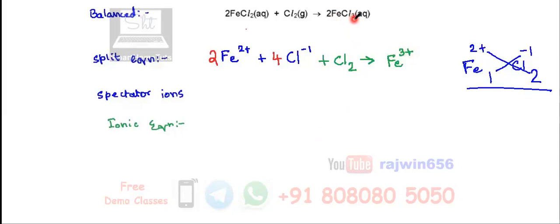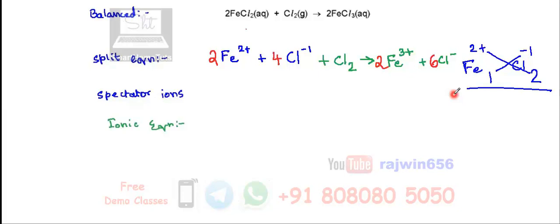In Cl3, chloride again has valency Cl -1. This 3 will get multiplied with 2, so this is going to be 6 chloride ions. Same way here, 2 Fe are there, so this is going to be 2 Fe3 plus.